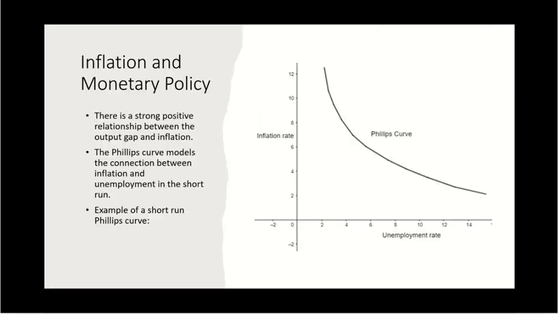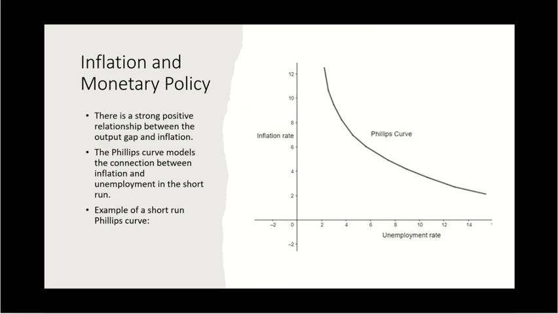So inflation and monetary policy: there's a strong positive relationship between the output gap and inflation, as you can see on that graph. And then the Phillips curve models the connection between inflation and unemployment in the short run. So here's an example of what a short run Phillips curve would look like.